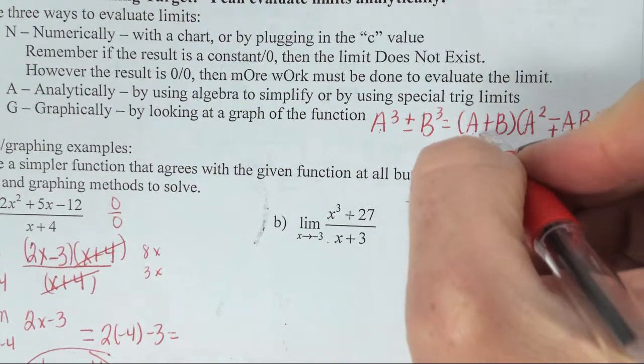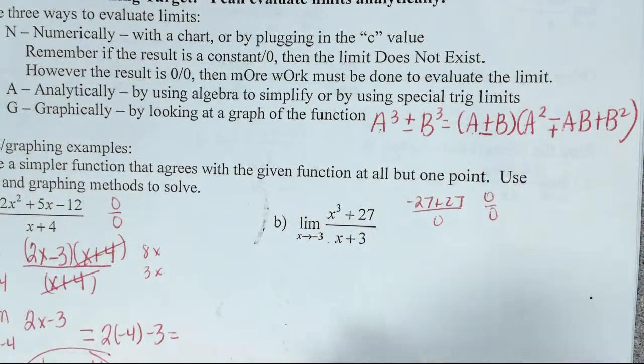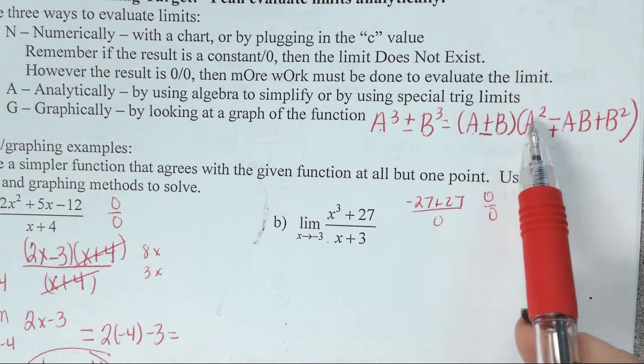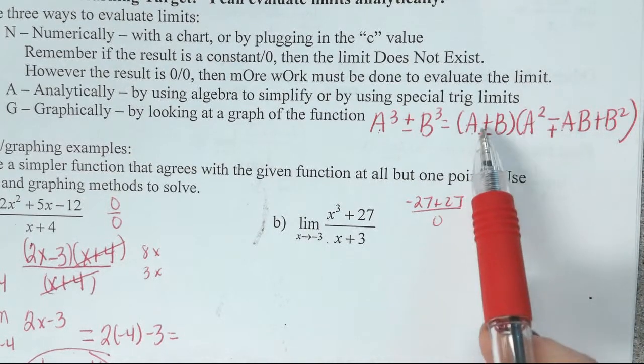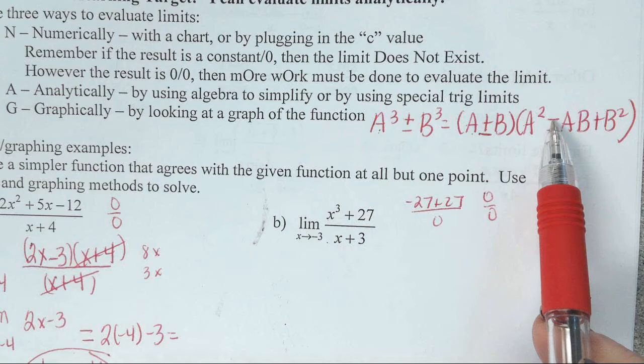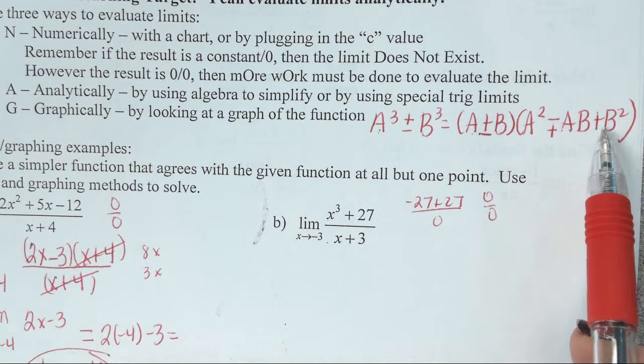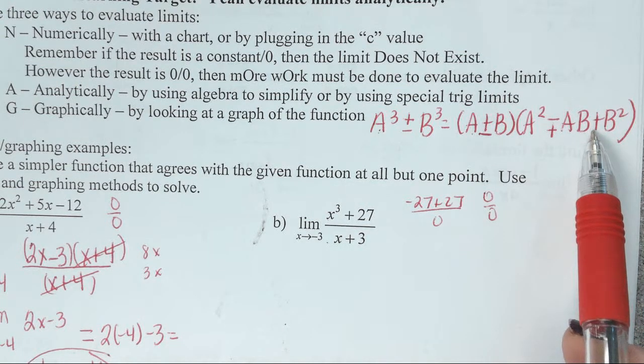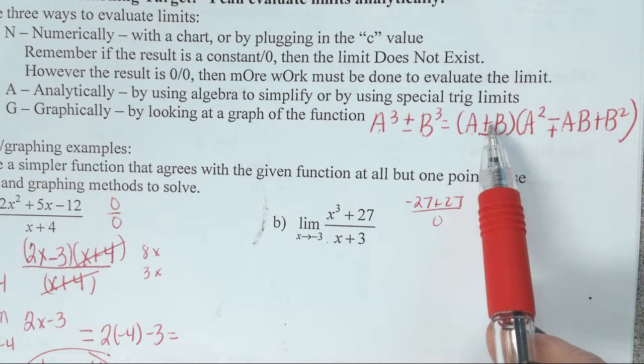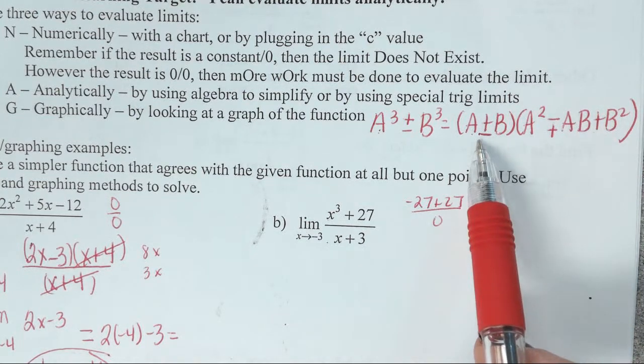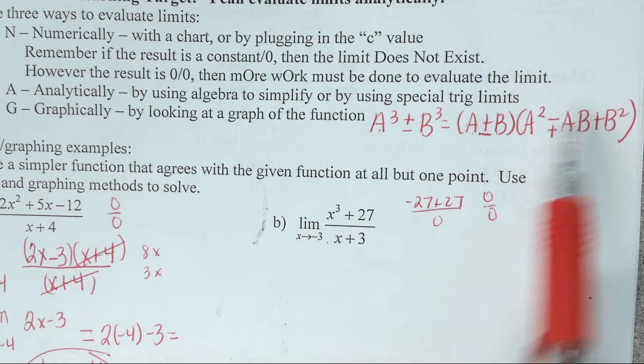Actually, I want to put plus or minus here as well. Then for the next term, we do a squared, this value squared. If this is a plus, then this one's a minus, ab. This one is always a plus. So it's either going to go plus minus plus, or it's going to go minus plus plus.